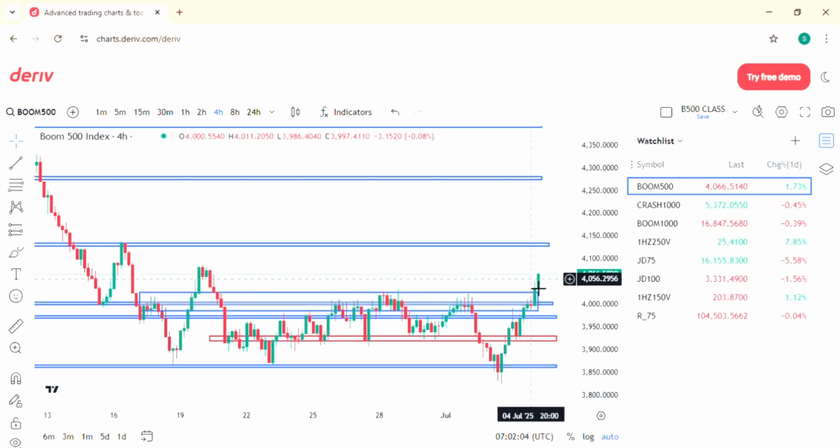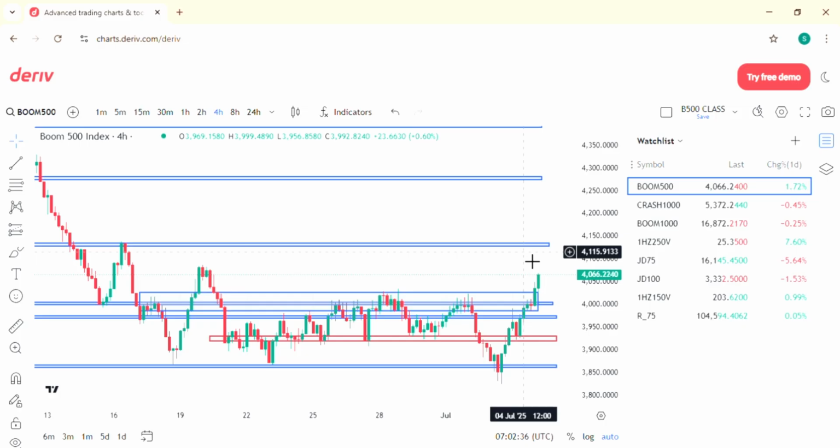Now, you also need to look out for whether the price still has enough time to get to the next resistance zone. So you manage your trade very well. Once it gets to this resistance zone, you can continue to adjust your take profit when you get to this next resistance level.